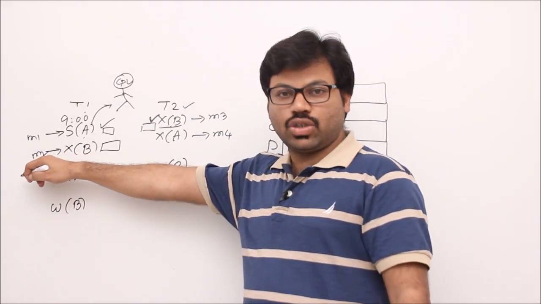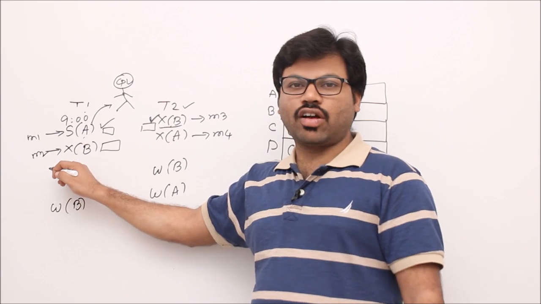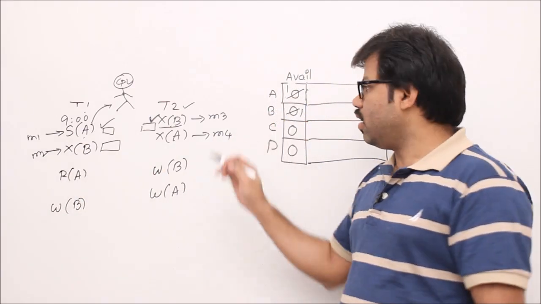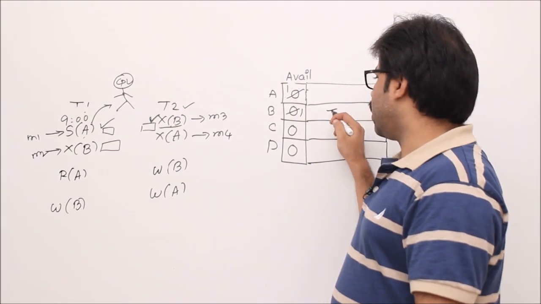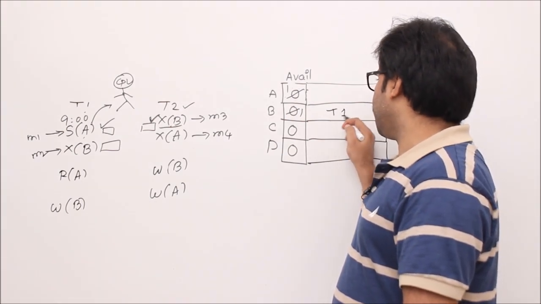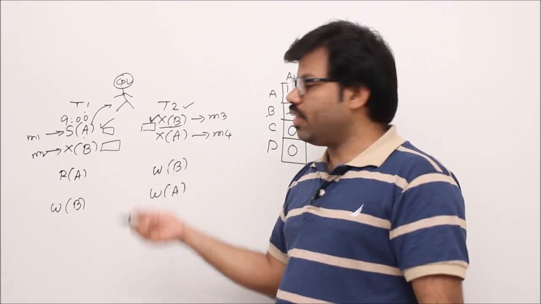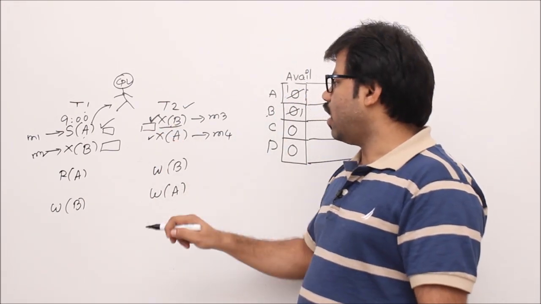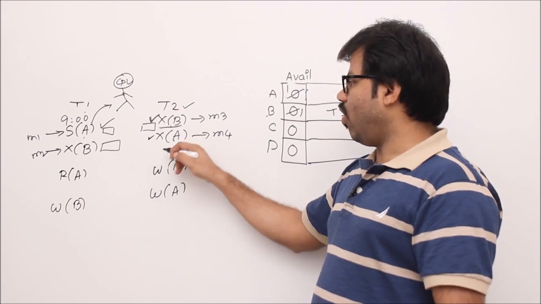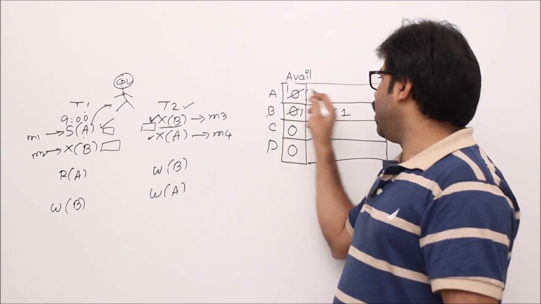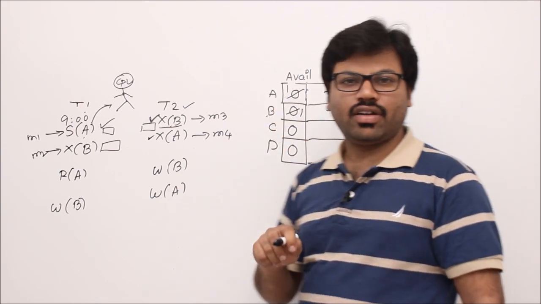So machine instruction 2 has to be executed, that is exclusive lock on B, but it will be unsuccessful because it is already held. Then T1 gets blocked on B. Now eventually T2 gets its turn and tries to acquire the remaining lock, which is on A. Exclusive lock on A will fail and T2 will be blocked on T1.